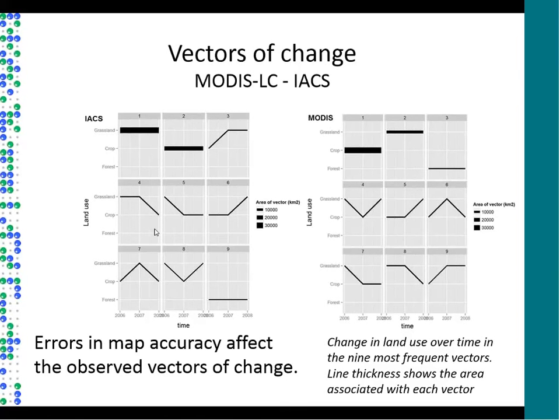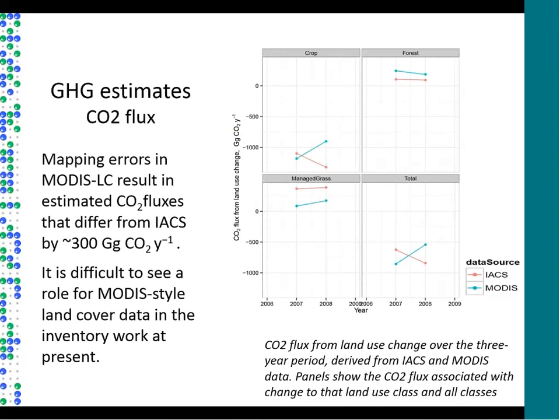And the main cause of this is because of the coarse pixel resolution of the MODIS data. And because of that, it's very difficult to see a role for MODIS in the UK setup for using MODIS to produce annual derived land cover data that would feed into the inventory work at the moment.